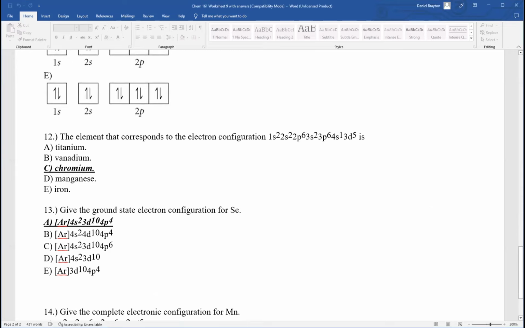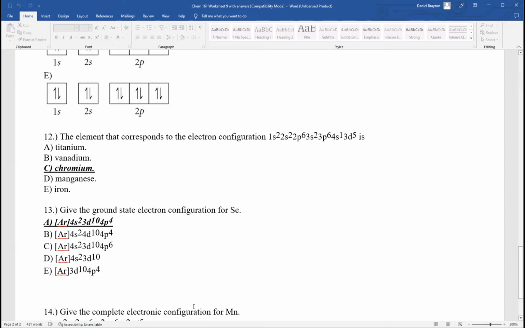The element that corresponds with this configuration, so all these are filled as we march along. We're looking for 4s1 3d5. You can add those two together, and this means the 6th element in the fourth row of the periodic table.